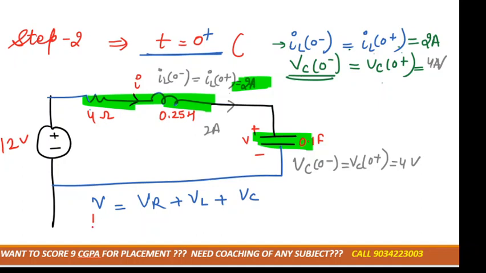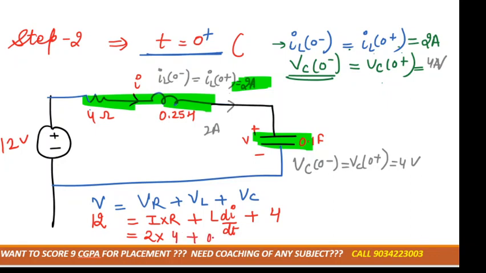V is given already, 12, right? VR is how much? I into R. VL is how much? L di by dt. And VC we already calculated, 4 volt, right? So I we already know, 2, into resistance we already know, 4, right?